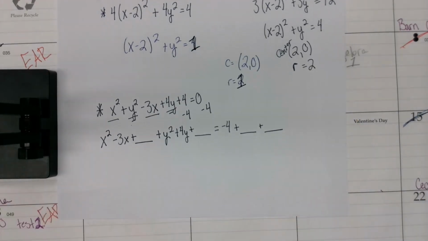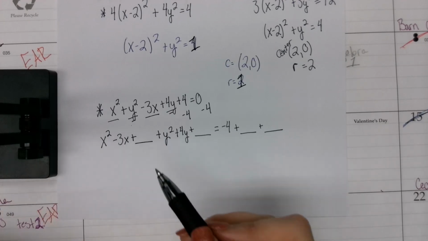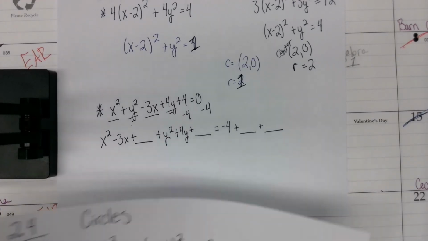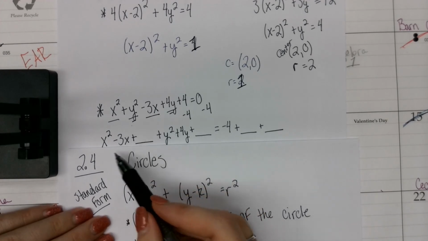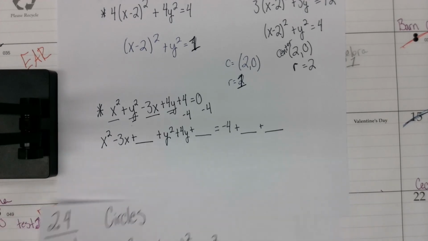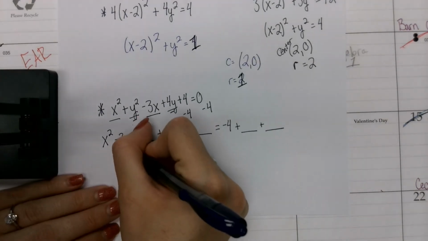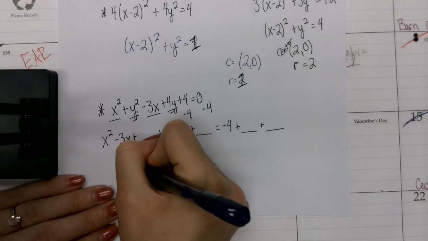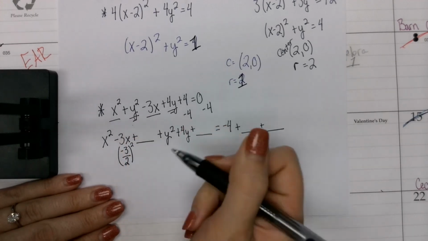When we're completing this square, we're trying to find the finishing part so that when I distribute or FOIL it, it makes the standard form and will multiply to give me what's here. How we do that is, this is negative 3, so I divide it by 2 and square it.